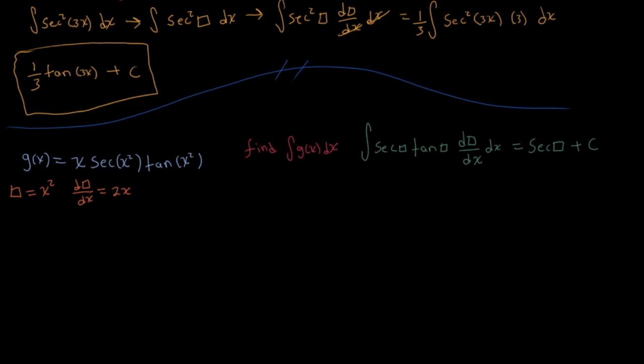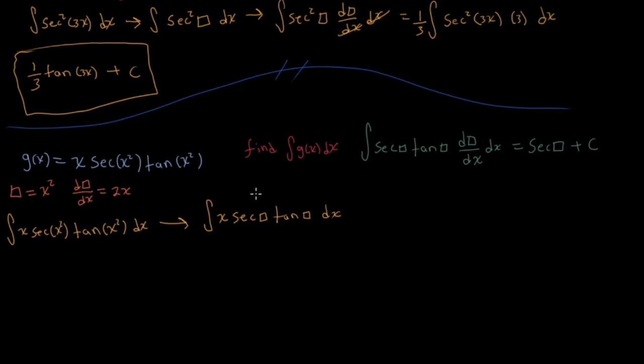Now that our placeholders are defined, we can start working this integral: the integral of x times secant of x squared times tan of x squared dx. We can also write that by substituting in our placeholders, giving x times the secant of this box times the tan of this box dx.